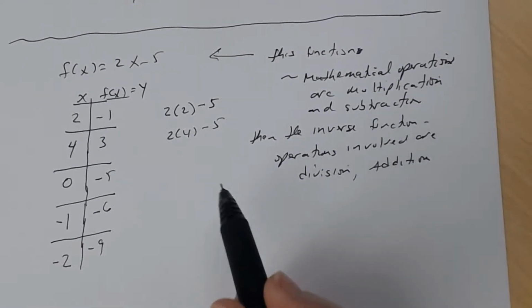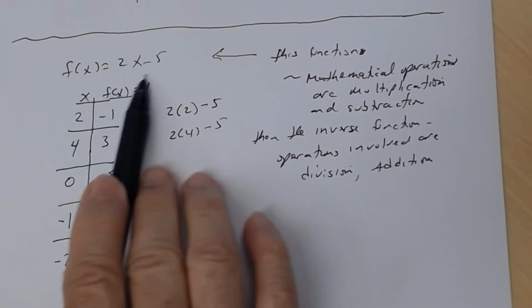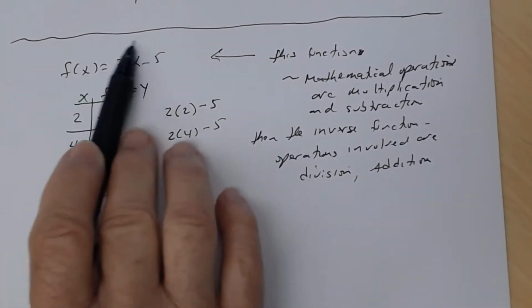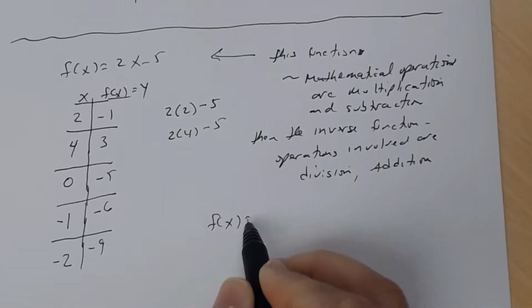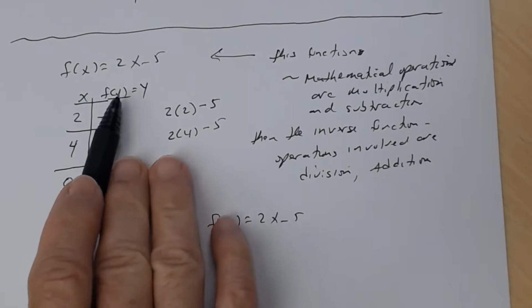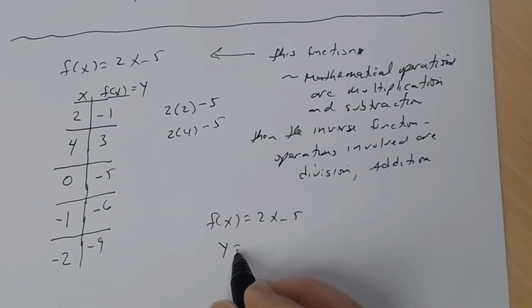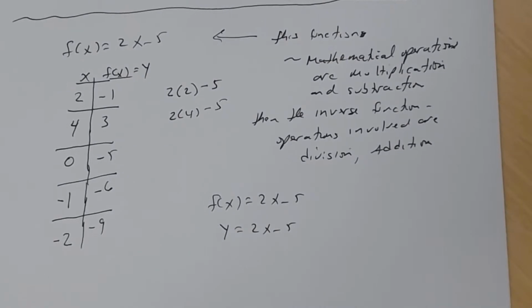Okay? So if we look at this explicit function, I'm going to rewrite it again. f of x equals 2x minus 5. Now I'm going to replace f of x with y, because we can think of it that way as well. So y equals 2x minus 5. What I want to do is undo what just happened.